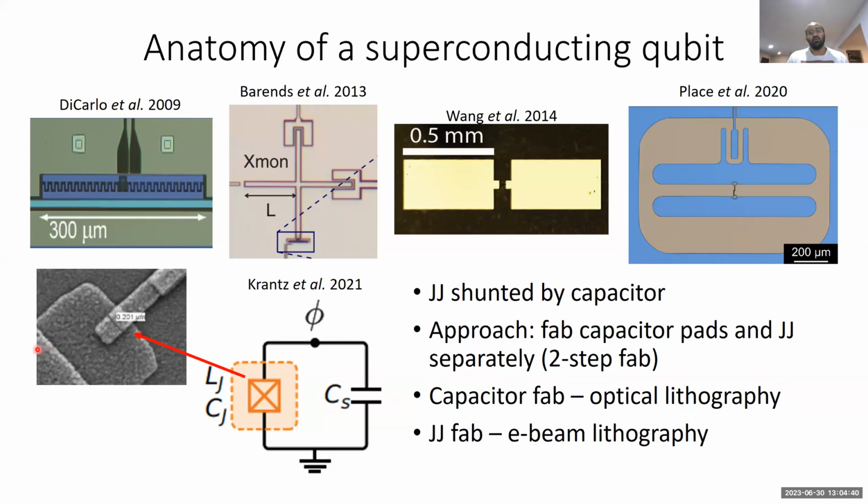There's also a way to fabricate both the capacitor and the junction in a single step using electron beam lithography, and I'll show you how that's done at the end of the lecture. But I personally found the two-step process to be more reliable and easier to do, even if it takes a little bit more time.